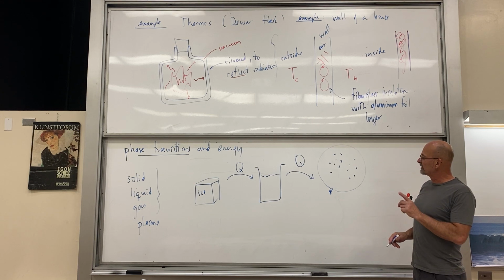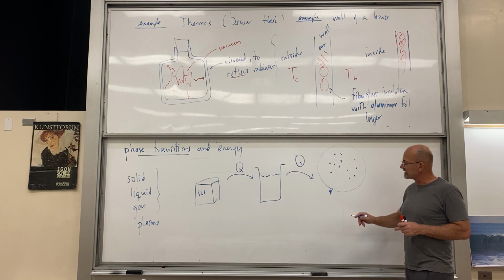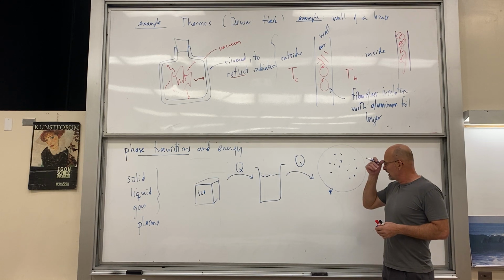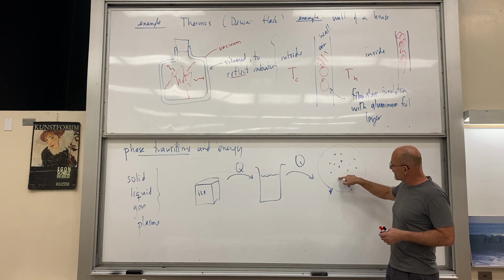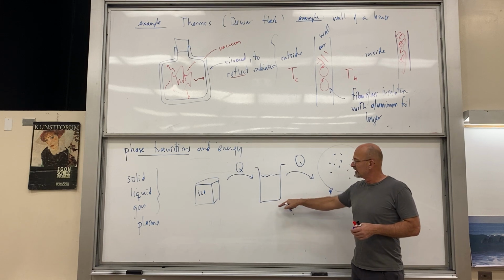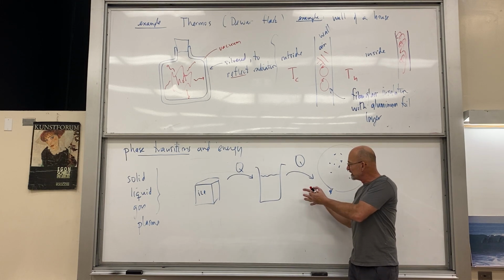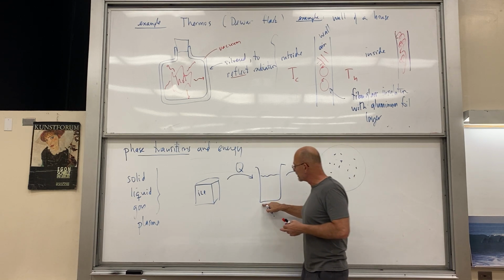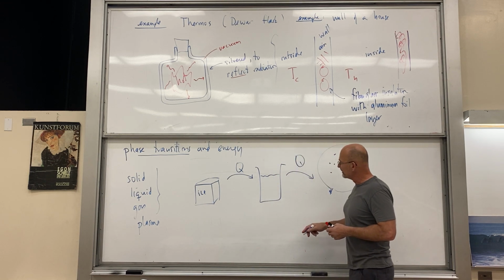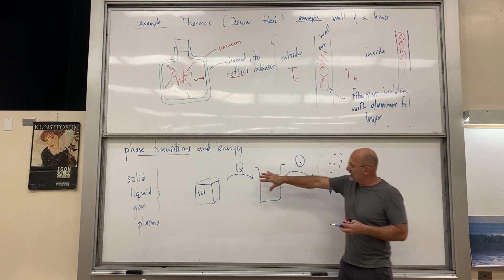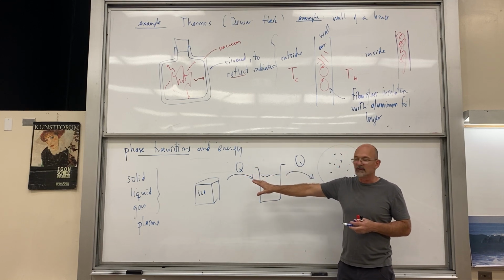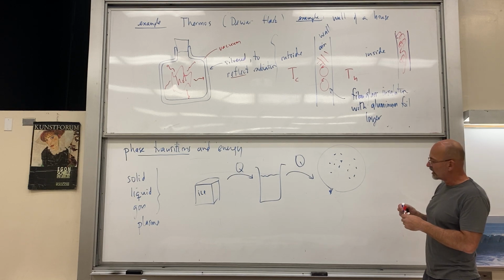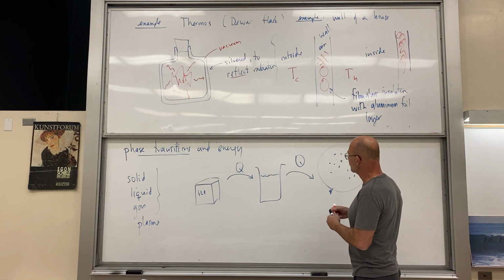What we don't necessarily consider is the fact that now that we're physicists, we know energy is conserved. We could actually go from a gas back to a liquid, and then that energy would be returned. And if we go from a liquid to a solid, in other words, the energy arrows should be reversed. Okay, so we're going to talk about that as well. Let me go ahead and write that here.